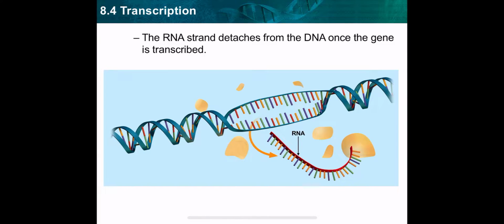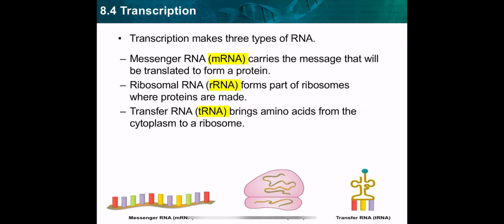The RNA has three types, not only one. The first type is called messenger RNA, mRNA. mRNA carries the messages that will be translated to form a protein. M is for messenger, and it carries messages in the form of codes or codons.